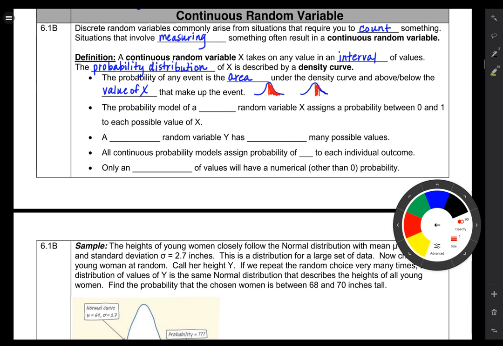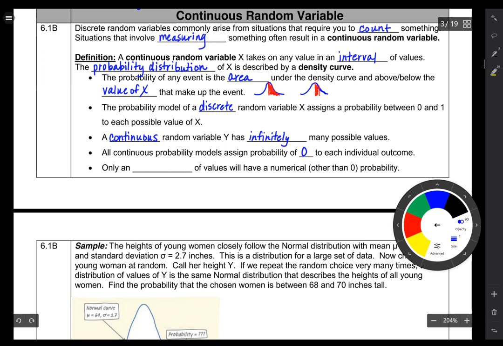The probability model of a discrete random variable assigns a probability between 0 and 1 to each possible value of x. However, a continuous random variable, and we'll call it y just to differentiate, has infinitely many possible values. All continuous probability models assign probability 0 to each individual outcome.